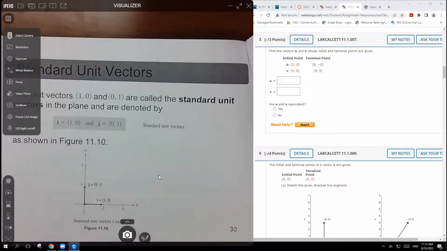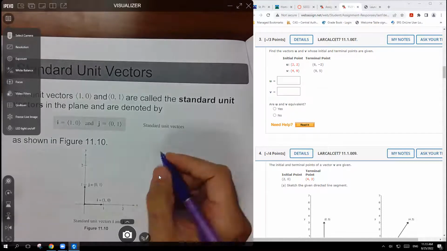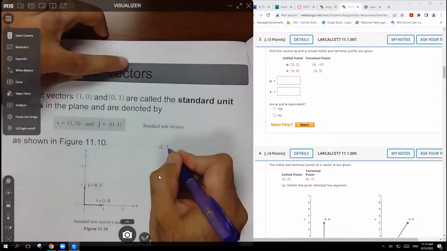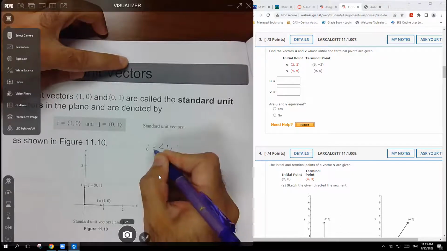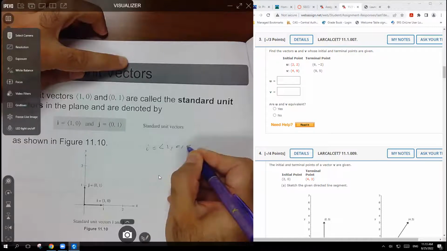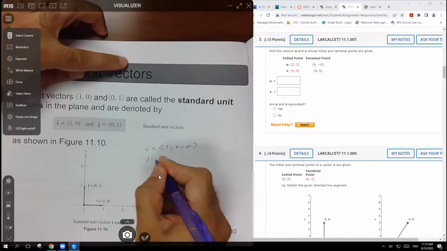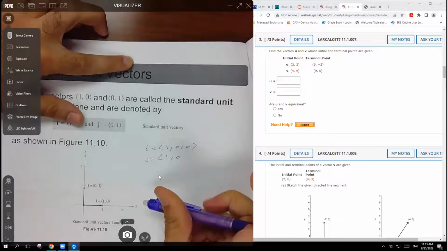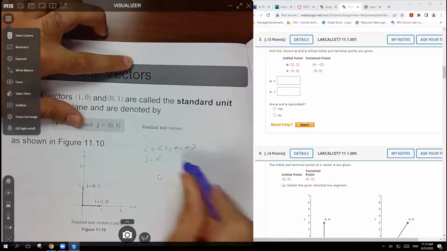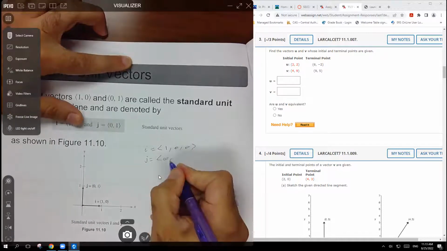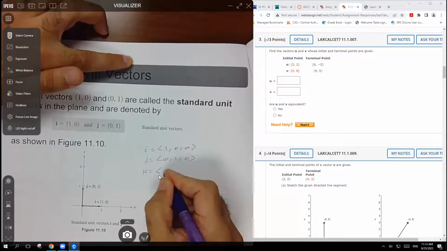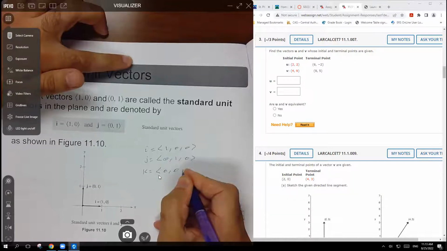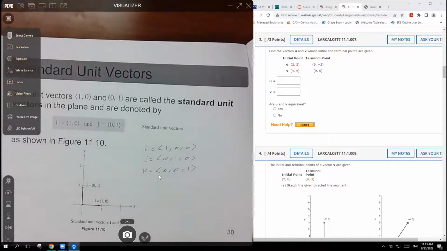If you have three dimensions, i is (1, 0, 0), j is (0, 1, 0), and k is (0, 0, 1). We're working only with x and y.